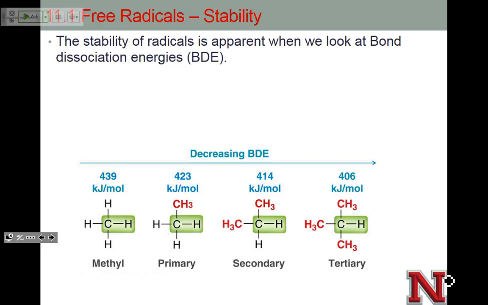Because we have the lowest bond dissociation energy, we have the most stable radical present. So we'll often be talking about this in bond dissociation energies. And in this chapter, this is going to be important because we're going to start with a neutral compound and we're going to try to form radicals. So we're going to talk about what's the most likely place for a radical to form. And we're going to be considering this: what's our most stable radical?